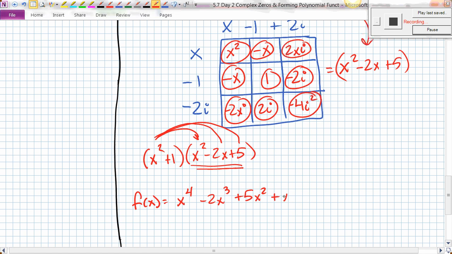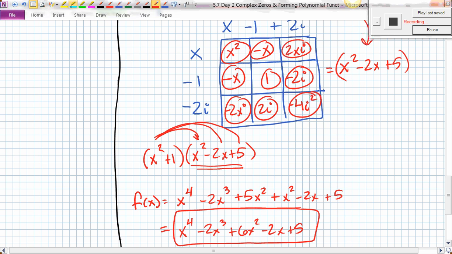So plus x squared minus 2x, and then plus 5. Alright, so simplifying this, I get x to the fourth, minus 2x to the third, plus 6x squared, minus 2x, plus 5. And there is your fourth degree polynomial with the given zeros.